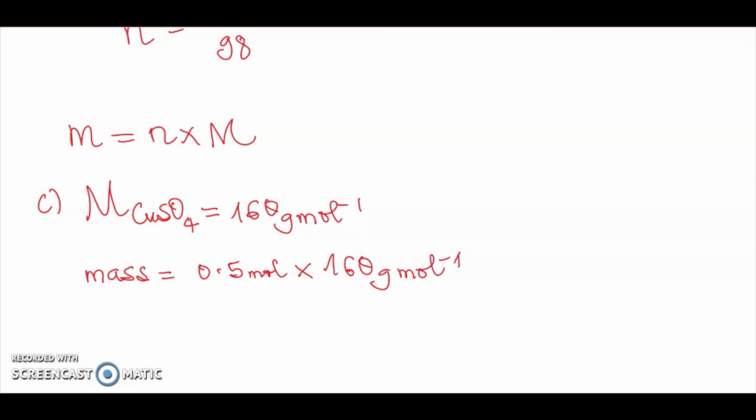So if we look at it, mole cancels mole here, we are left with gram. So what does that give us? It gives us 80 grams of copper(II) sulfate. As simple as that. You could still try solving these exercises using the second method we used a while ago.